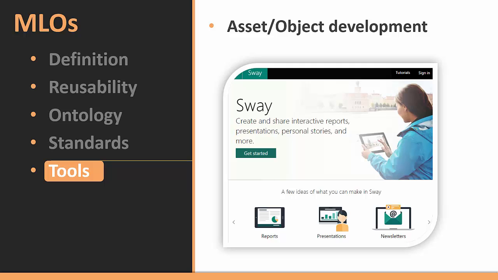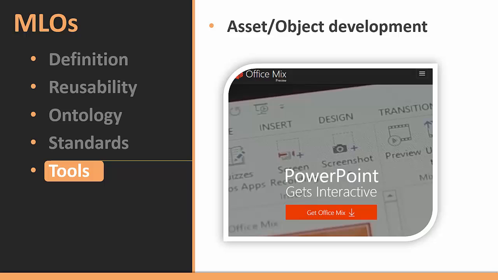And the Microsoft equivalent of that, this is new, is called Sway. And there's also the Office Mix, which is an add-in for PowerPoint. So it's not a web app, even though it produces web output. Sway and Slate are both web apps, whereas Office Mix is actually a plugin that works with PowerPoint. It gets downloaded and installed on your desktop.